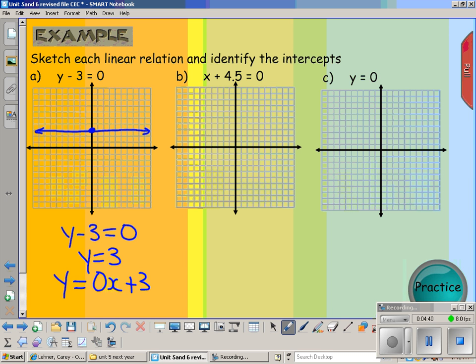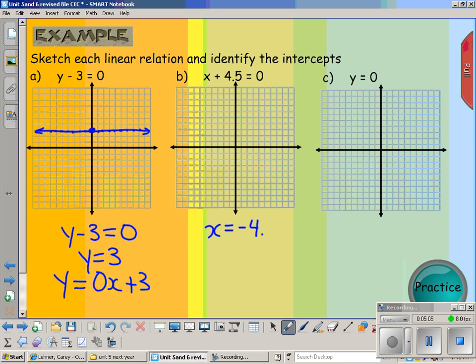Every point on that line has a y-coordinate of 3. It does not matter what x value you choose. You have a y-coordinate of 3. In B, when we have just an x variable, think about what kind of line we have. And hopefully you remember you have a vertical line.